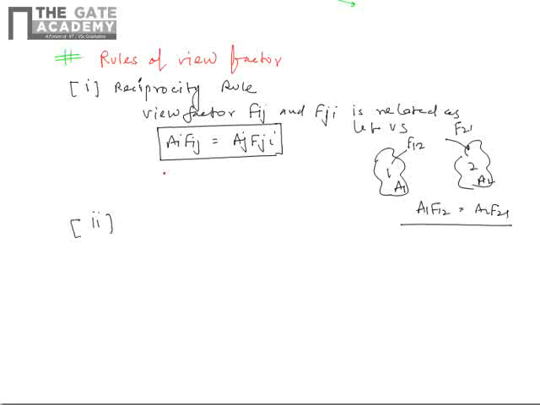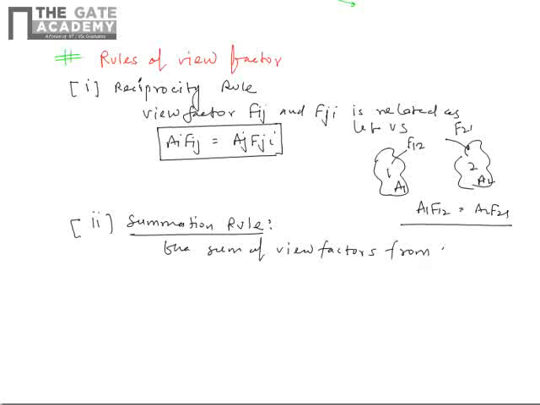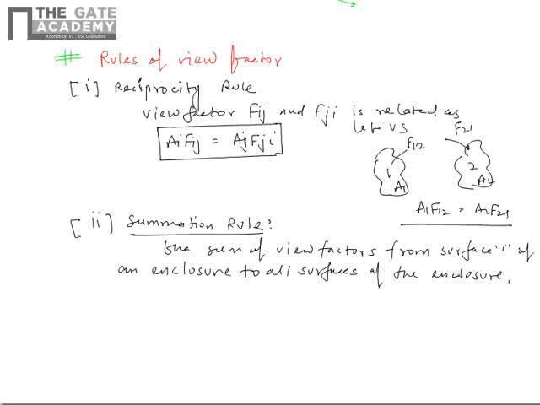The second rule is the summation rule. It states that the sum of view factors from surface I of an enclosure to all surfaces of the enclosure, including to itself, must equal unity.